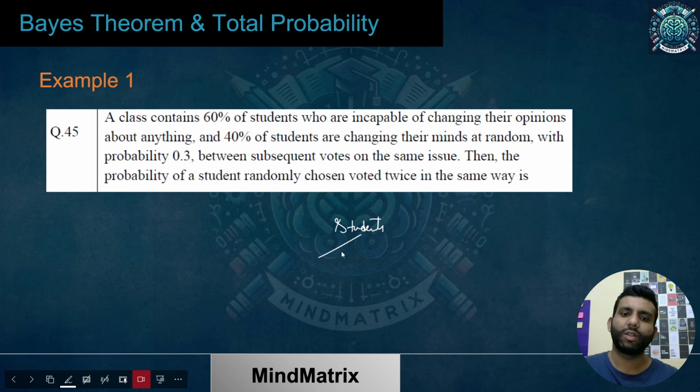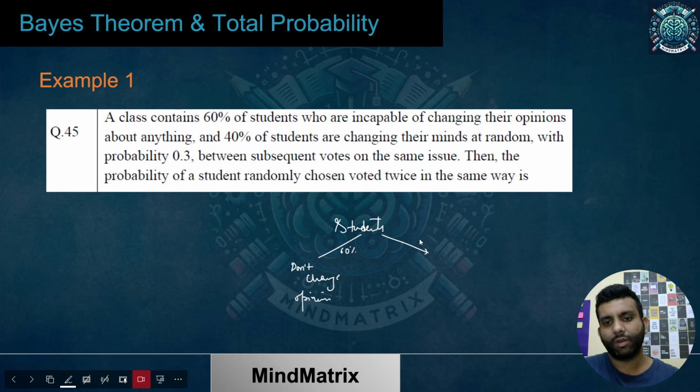then I know 60% don't change opinion. 40% may change opinion. It's not like 40% will change.